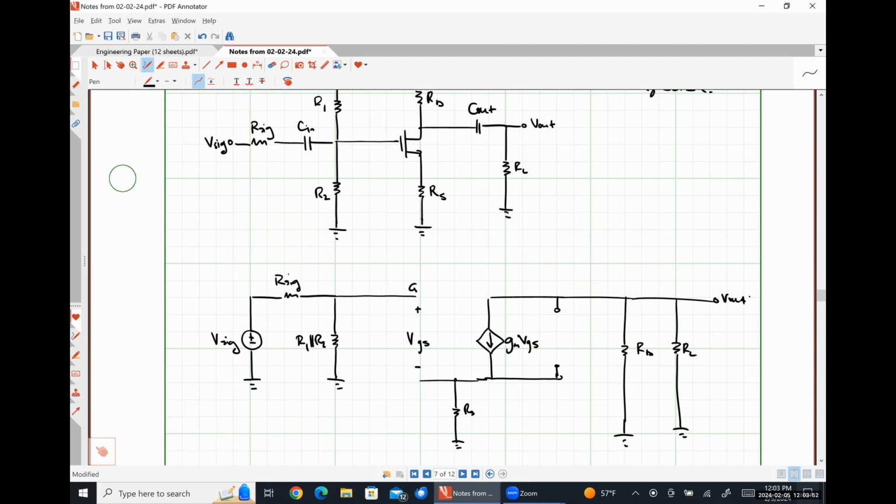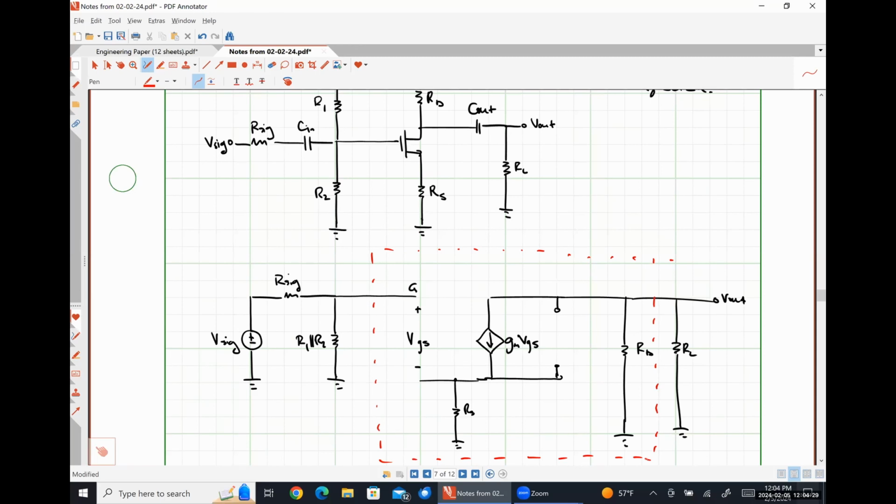Because effectively, we should already know how this part works. Because that looks to be identical to the common emitter amplifier with emitter degeneration, where the early effect has been neglected.